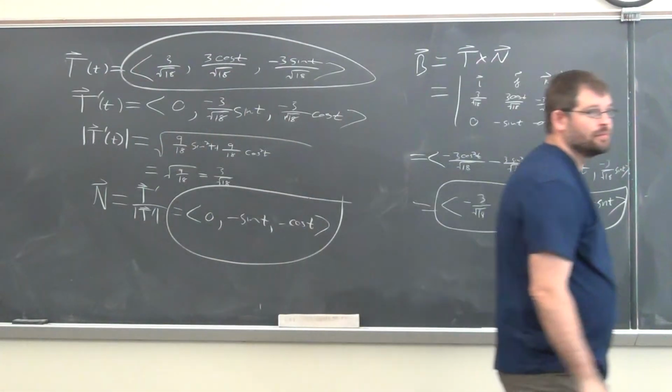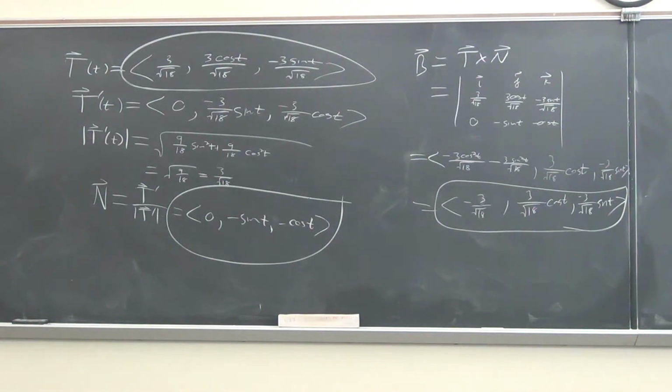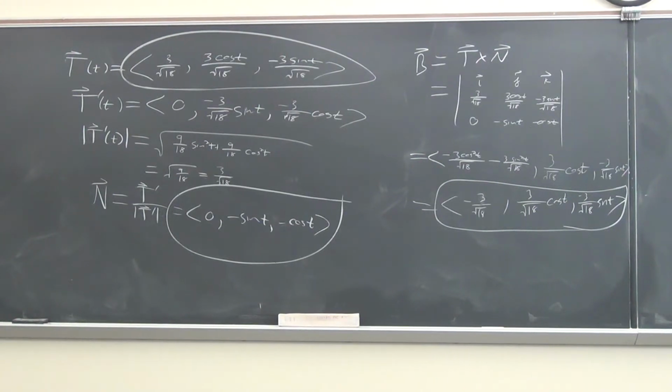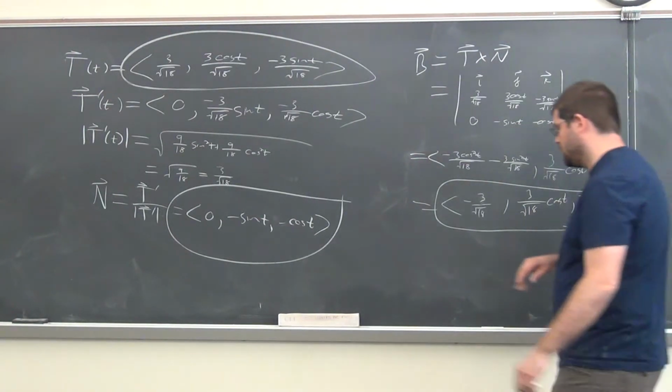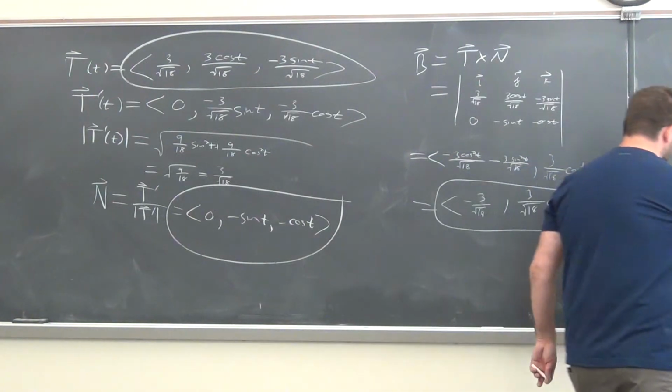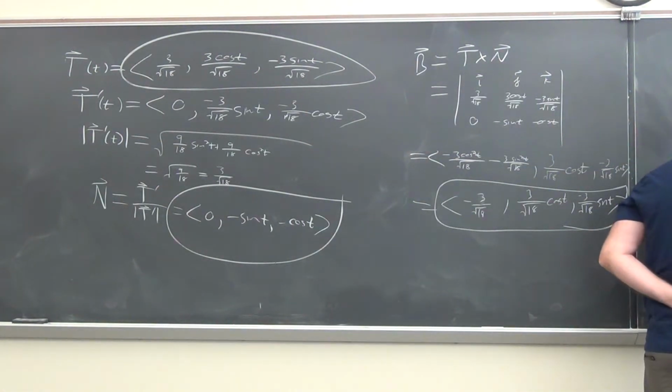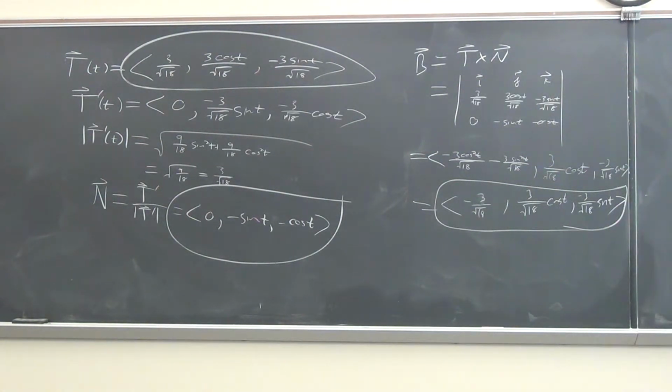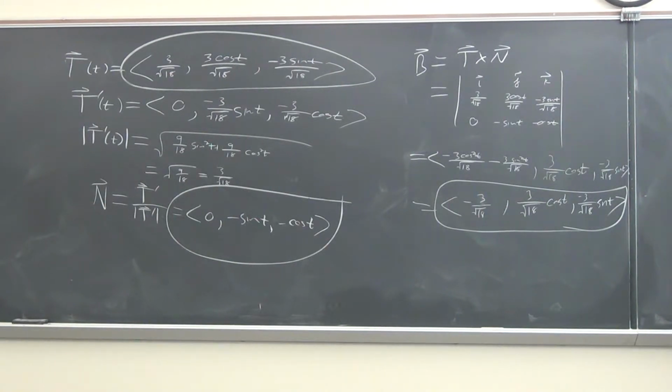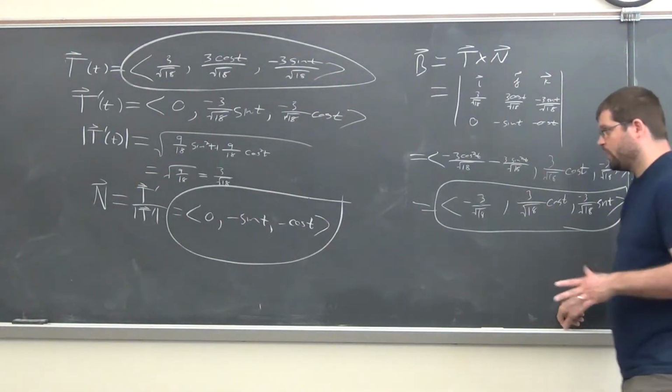Does that make sense? And again, no matter how ugly these things are, at least in theory, we should be able to calculate them. But in practice, they can get pretty messy. So be able to compute them. Again, keep in mind what they're representing, right?